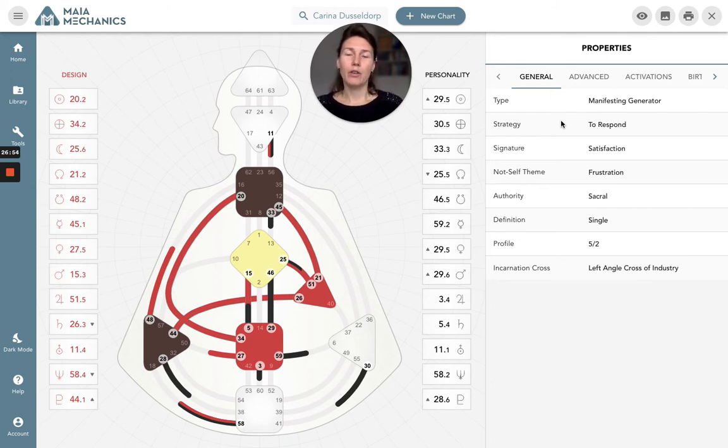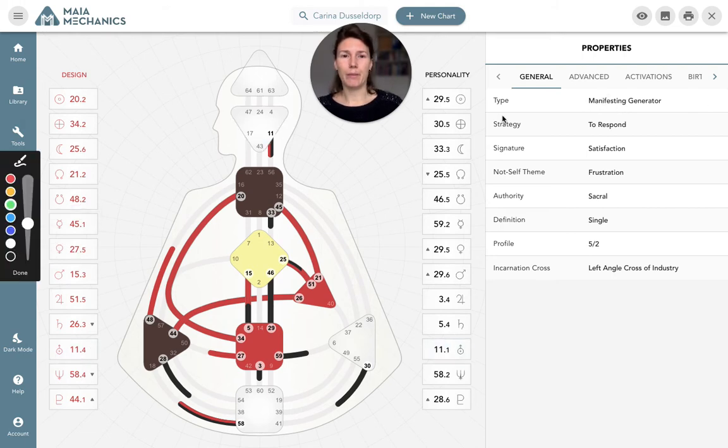And if you speak about aura types, then there are 4, and it can be a bit confusing sometimes, especially, and I'm touching upon it because I'm a manifesting generator, as you can see here.